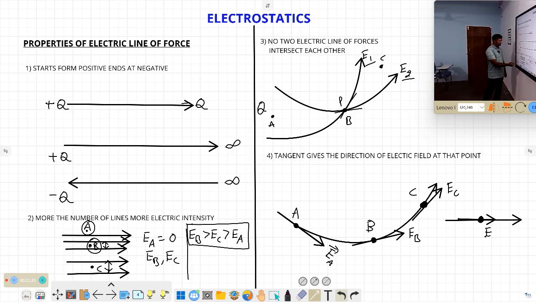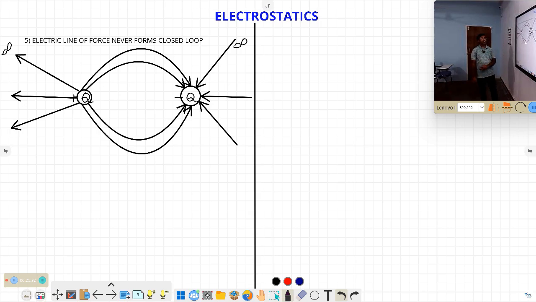This is another property. Next one, electric lines of force never form a closed loop. Like a magnetic field starts from the north pole, goes to the south pole, and again inside from south pole to north pole, it forms a closed loop. But in electrostatics, the electric field never forms a closed loop. Look here, I have taken two charges, positive and negative. The line starts from positive and ends at negative.